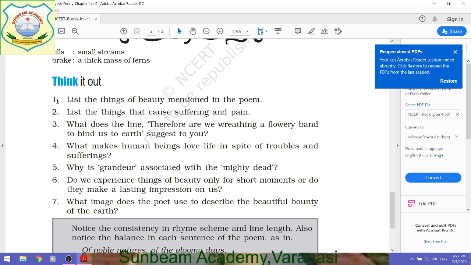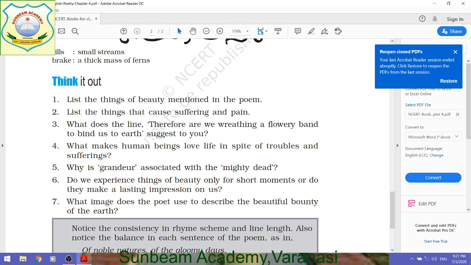Right from there, you don't have to give any examples from your side. Rather it is always better that if you are going to give examples in your answer, they should be given from the text only. So many things are given, that every little or big thing of nature is a thing of beauty and a source of constant joy and pleasure.